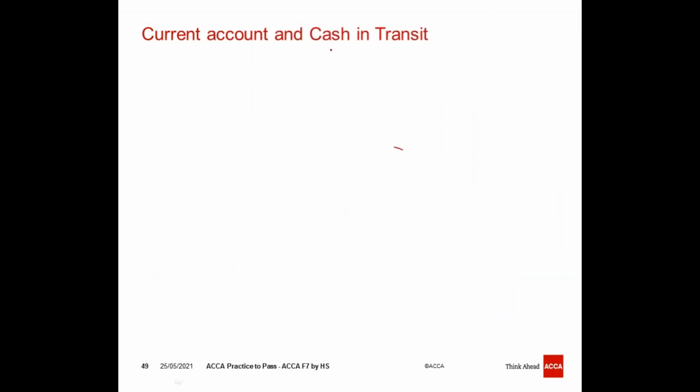Now, there is a concept of cash in transit. Please try to understand this concept. Cash in transit occurs when the parent company, assuming it has a receivable of 100, and the subsidiary company has a payable of 100. If this is the case, then you simply need to cancel out these two transactions.